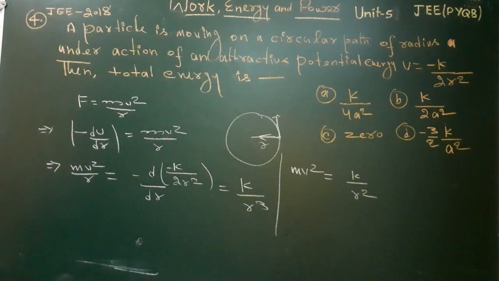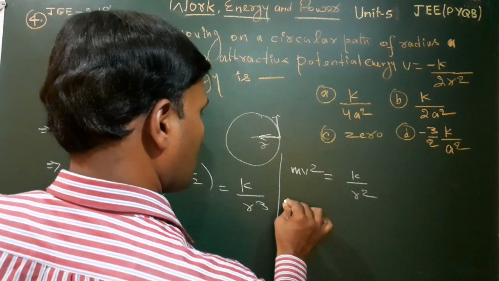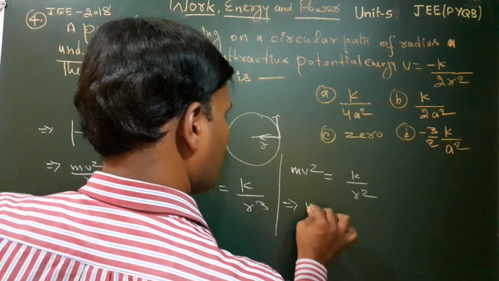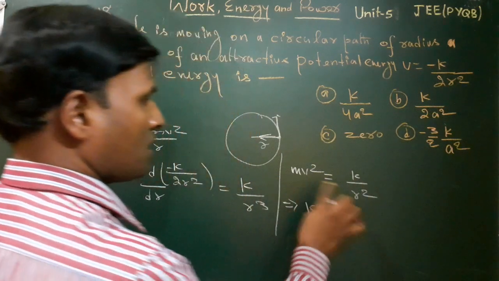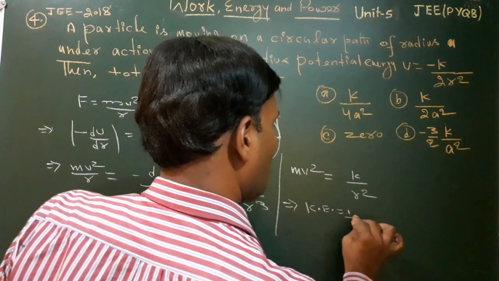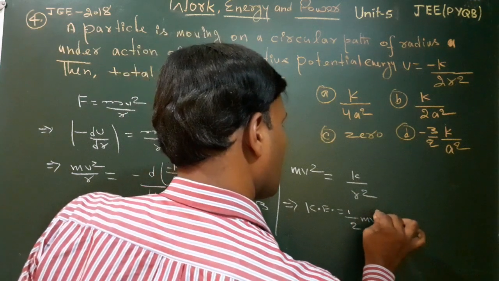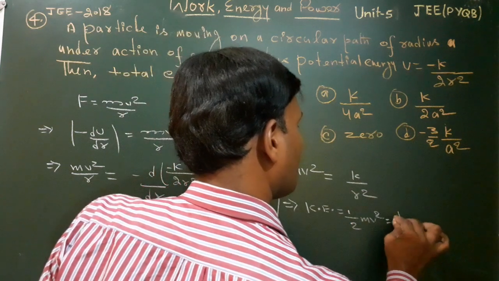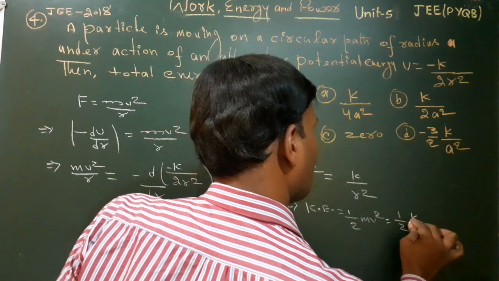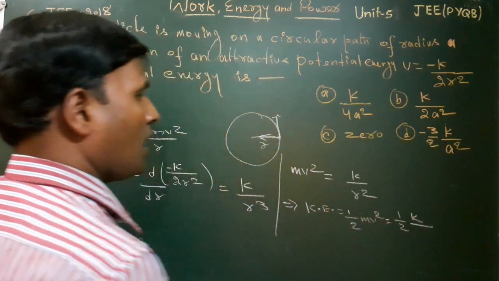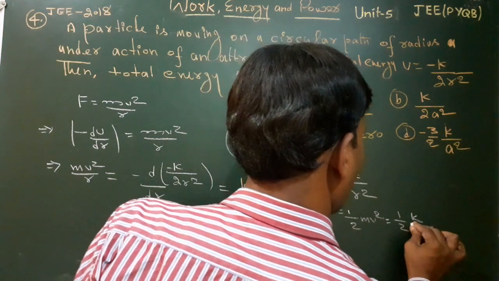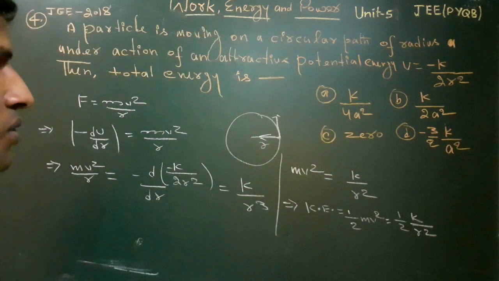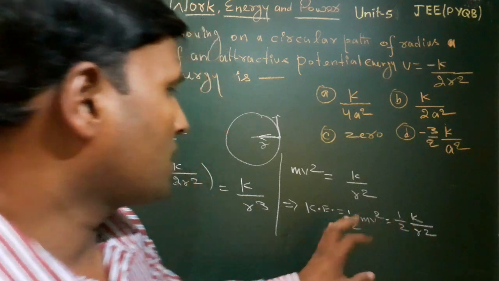We need to calculate the kinetic energy here, so multiply both sides with half: half mv square is half k by r square.